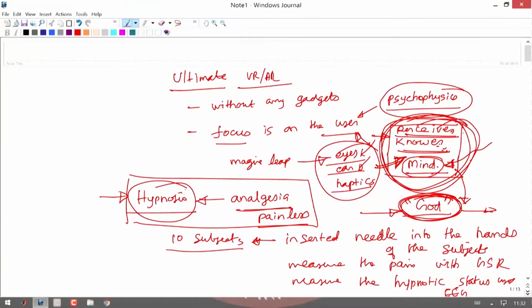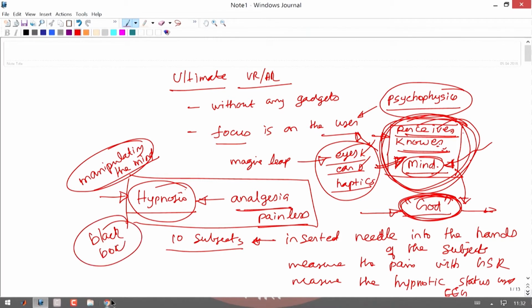Essentially it is manipulating the mind. As far as how the mind is working, there is a black box for hypnosis. We do not know how the mind is working, but still the effect is known in hypnosis.